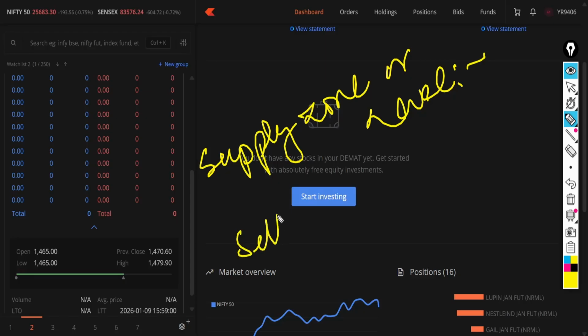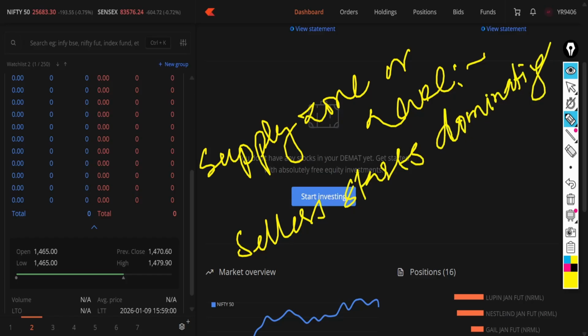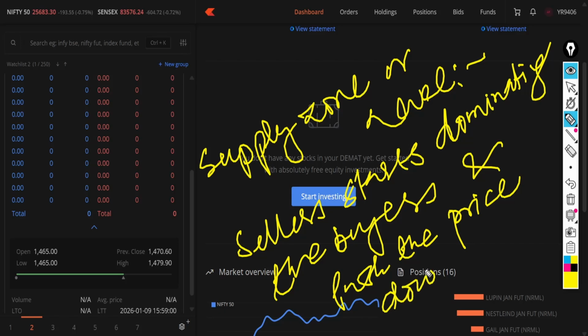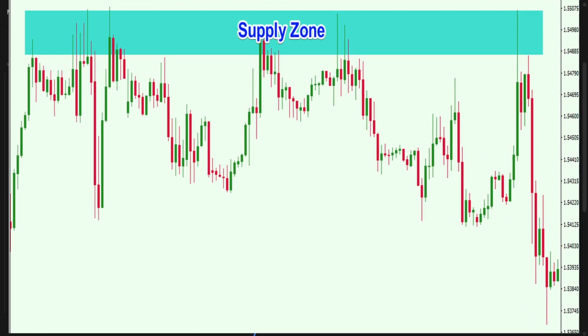Where sellers start dominating the buyers and push the price down. But why at a particular zone or level will sellers be interested?